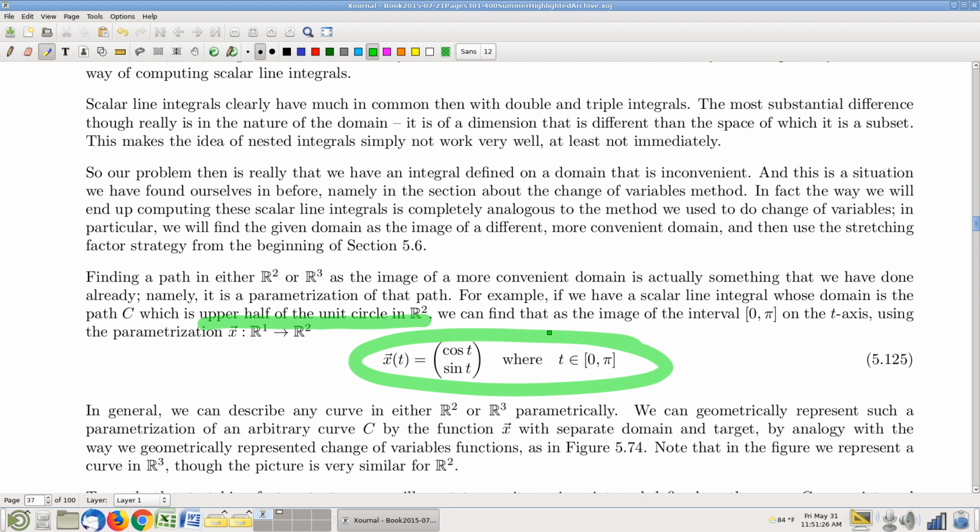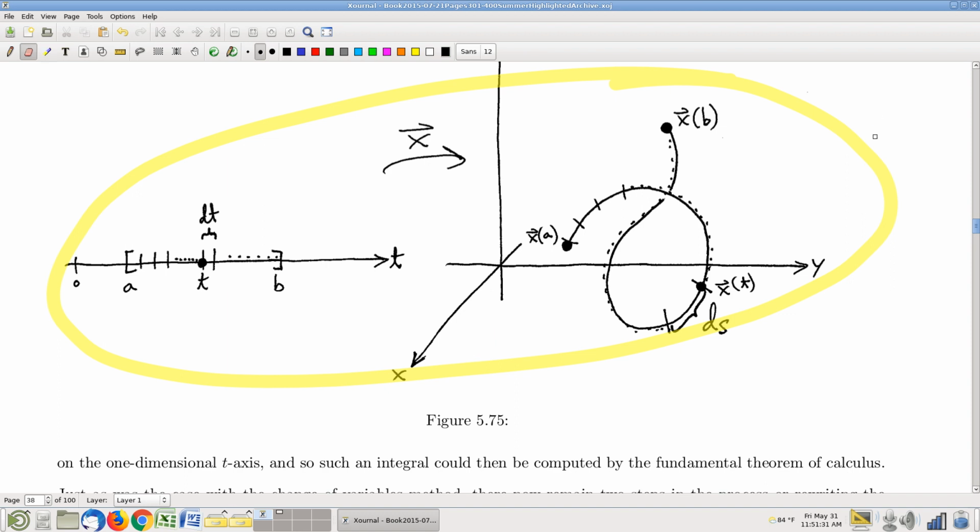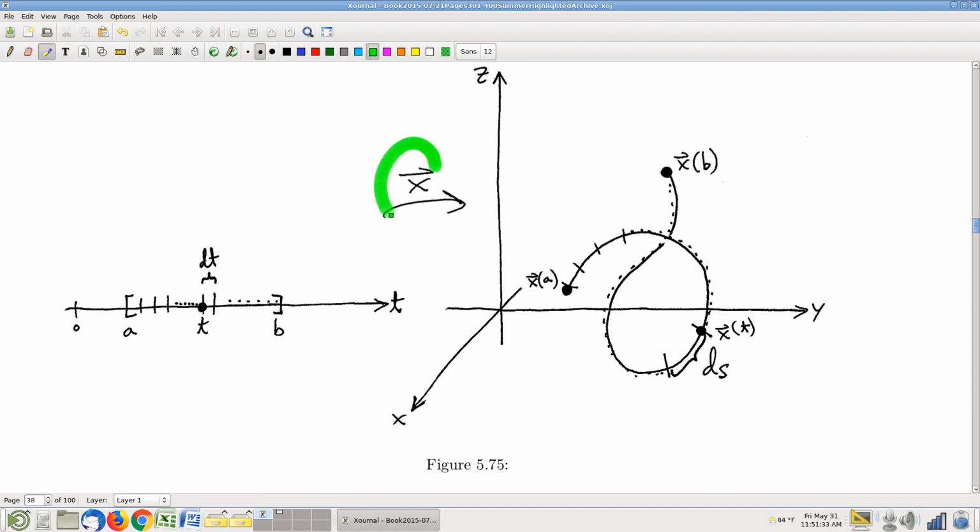Okay. All right. So we're going to take our parameterizations, and you'll notice now I'm using this notation to represent that function because that's the notation we use for parameterizations. And I'm going to proceed with the pullback strategy. Remember, the pullback strategy is to think about how when you chop up your new domain, you are in effect chopping up your original undesirable domain.